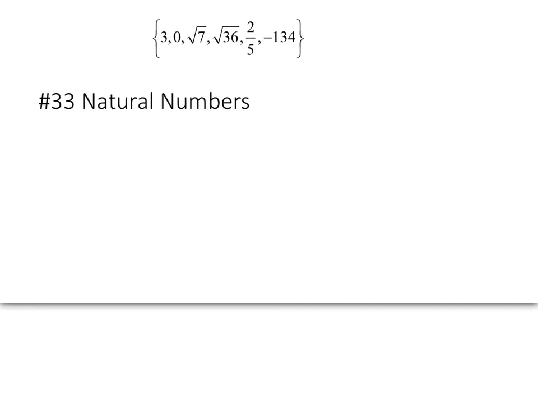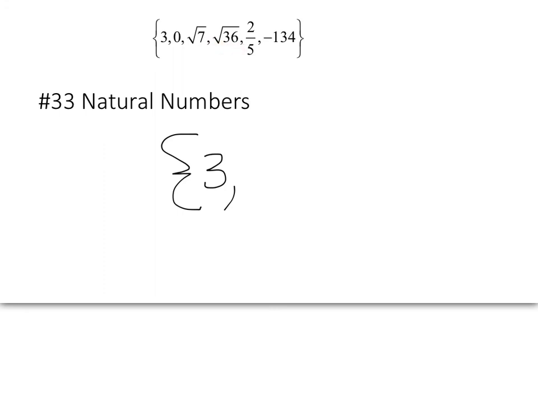Now we're going to look at the same set of numbers, but now we're talking about natural numbers. Remember, our natural numbers are our counting numbers. So is 3 a counting number? Yes, it is. Is 0 a counting number? No, it's not. Is the square root of 7 a counting number? No. Is the square root of 36 a counting number?